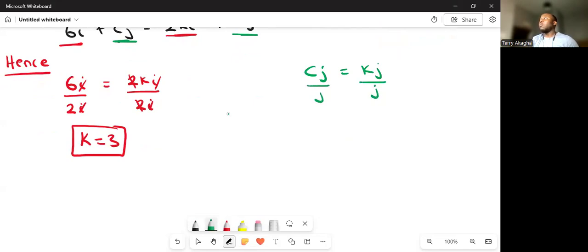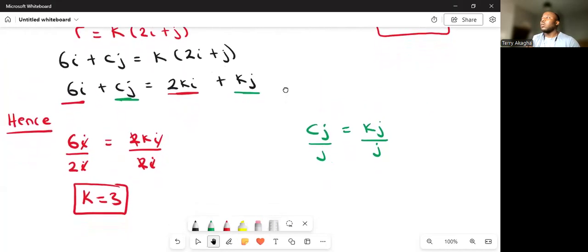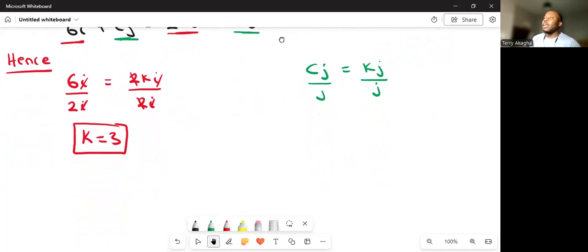Now, if you look closely at what we have, we know that we have k as j. Then if you go up there, we solved k already to be equal to 3. So that means I can substitute this k for this k here.